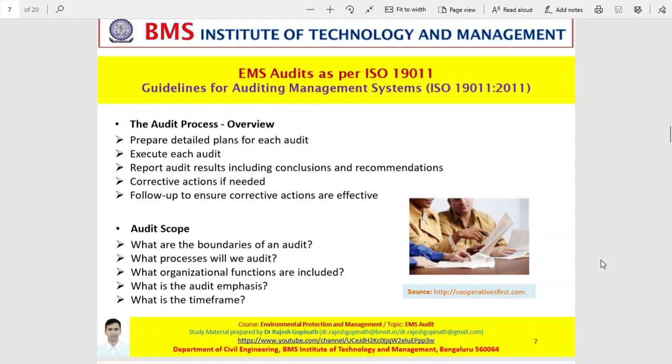Fourth, corrective actions are taken based on the report. Finally, follow-up action is carried out to make sure that the corrective actions are actually effective.